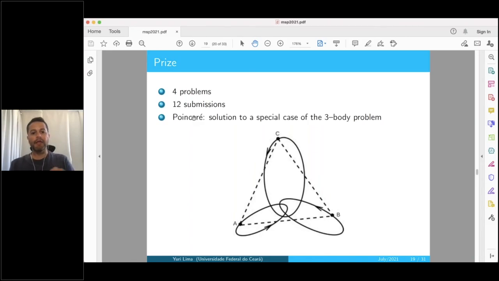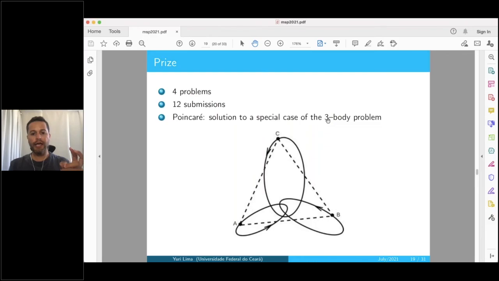Instead, he gave a solution only to a special case, and actually only to a special case of the three-body problem, in which you have only three bodies in your system. As I told you, if you have two bodies, the tools by the time were already sufficient to provide you the solution of the two-body problem.